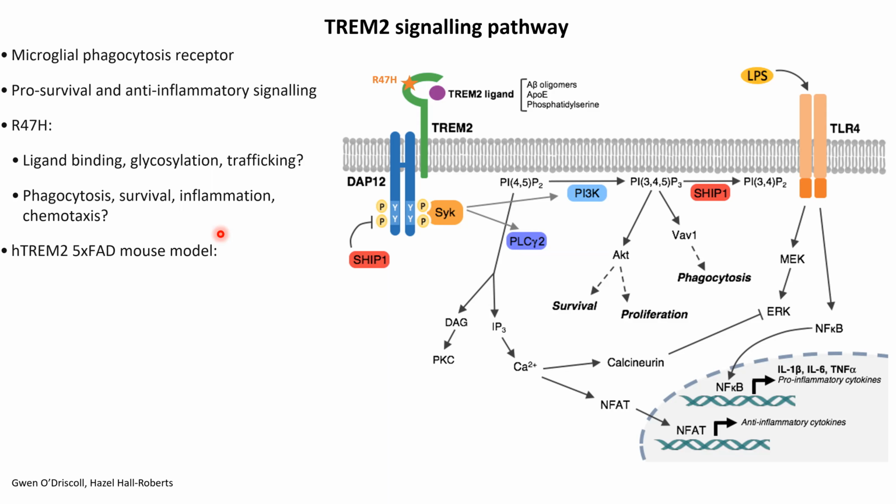There's also been a humanized mouse model developed with human TREM2 on an AD background. That has shown that if you have knockout of human TREM2 in that model, then there is reduced microglial clustering around amyloid plaques. But the R47H mutation doesn't follow the same pattern as the knockout.